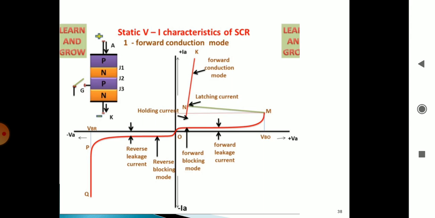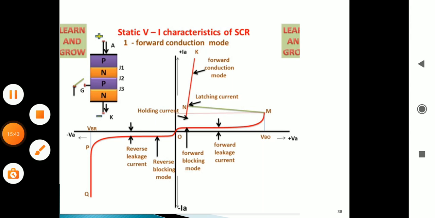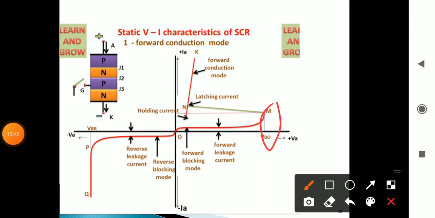If we keep on increasing the supply voltage for the SCR, at one point a breakover will occur at junction J2. The junction J2 will break and current starts to flow in the SCR. A sudden drop in voltage will occur and current will increase. So this is the forward conduction mode.